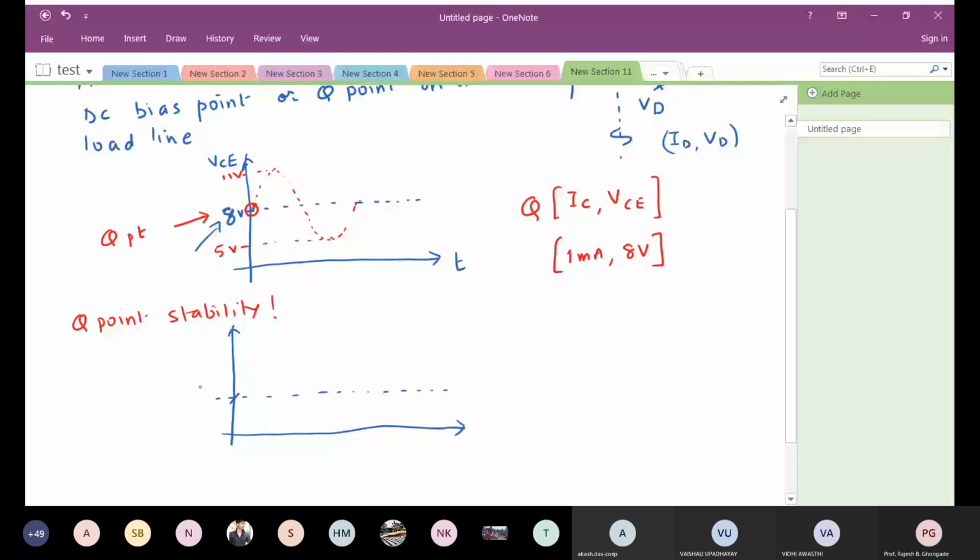Now what is going to happen if I apply the signal? For the positive half cycle, it won't be a problem. But for the negative half cycle, look what is happening.